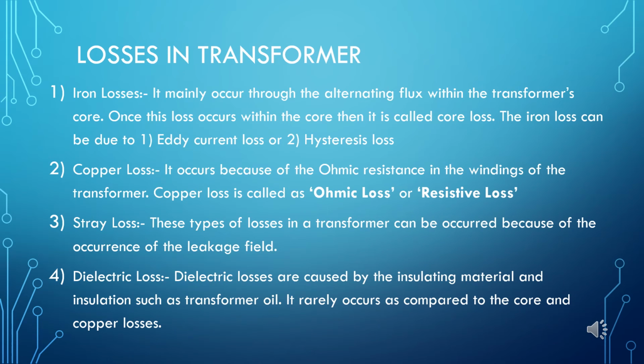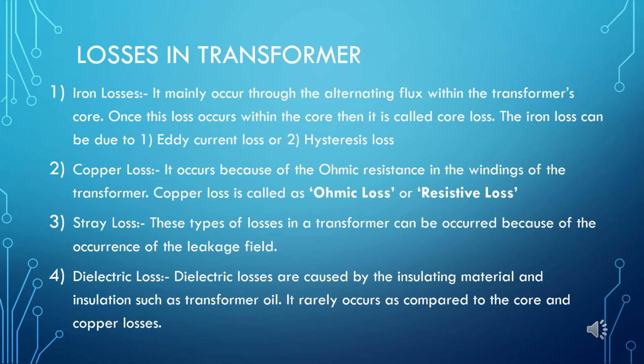Losses in transformers. There can be iron losses, copper losses, stray losses, or dielectric losses. The iron loss mainly occurs through the alternating flux within the transformer's core. Once this loss occurs within the core, it is called core loss. The iron loss can be due to eddy current loss or hysteresis loss. The copper loss occurs because of the ohmic resistance in the windings of the transformer.